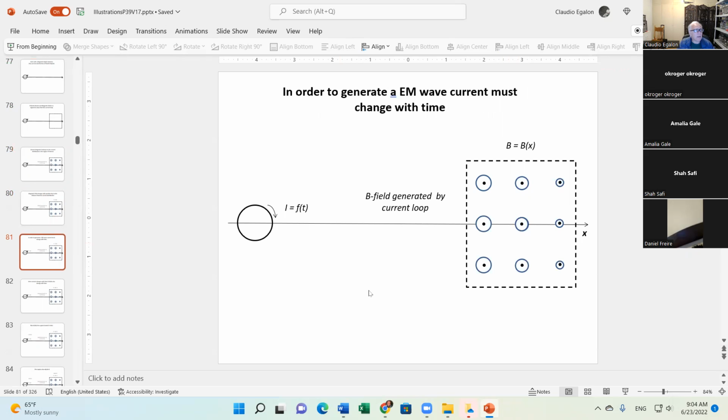But don't forget that the current changes in time as well. It is an antenna connected to an AC generator. Because the electric current changes in time, the magnetic field is also going to change as time goes by.